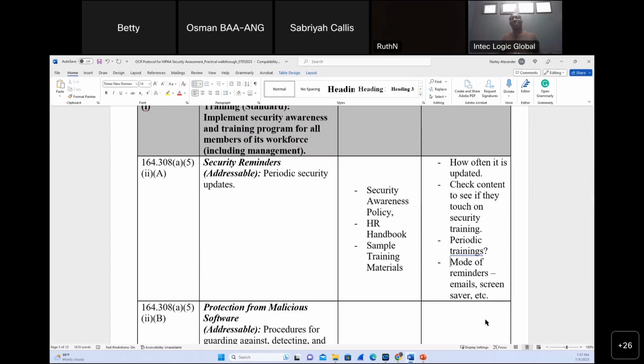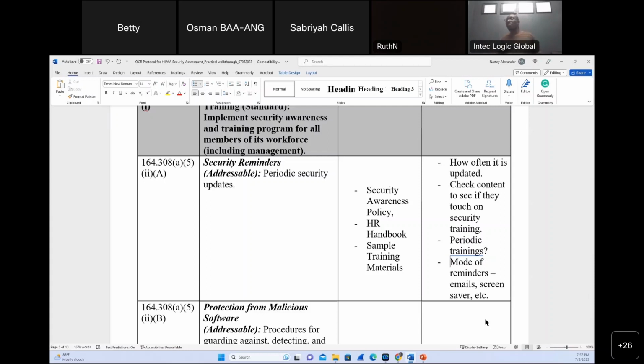Some companies wrote their security training document in the 1990s, and they are still using it. In the 1990s ransomware wasn't a problem, but now ransomware is a problem. So are they updating it? You want to see the version control. Maybe they started this year and have been updating it every year and adding new content. Check the content to see if it touches on security training.